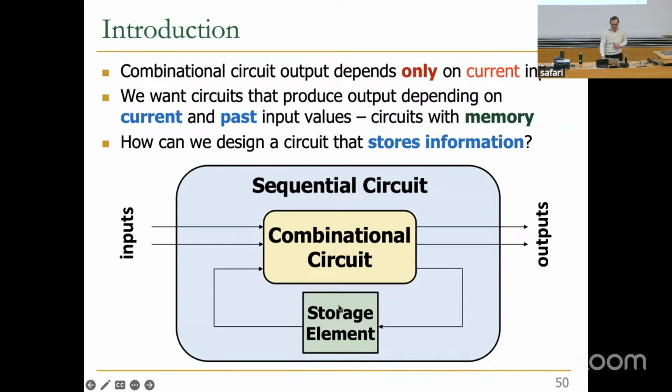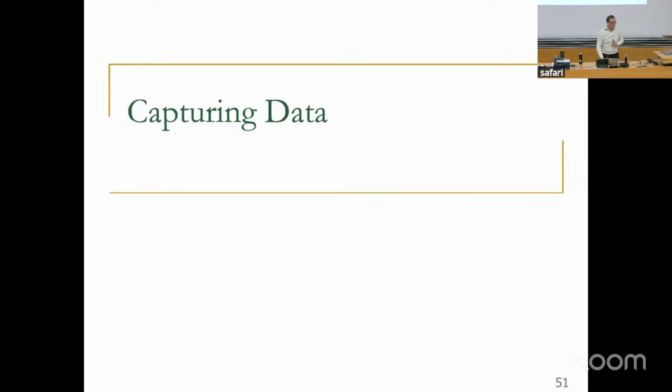We're going to start with the very basics. We're going to call this entire thing a sequential circuit. So a sequential circuit is not just a storage element, but also the combinational circuit that goes along with it. And the whole purpose of this is to solve a problem at some point, right? That's why we map the inputs to the outputs. So we need to talk about capturing data. And this may be a little bit surprising if you haven't done your readings.